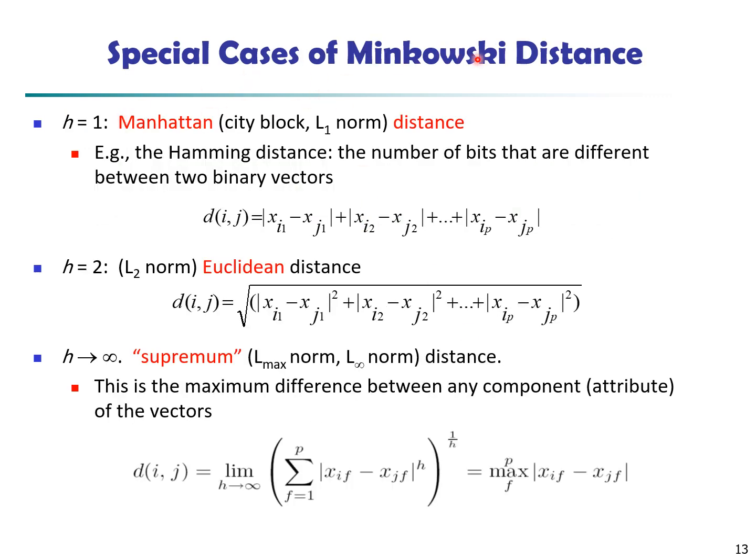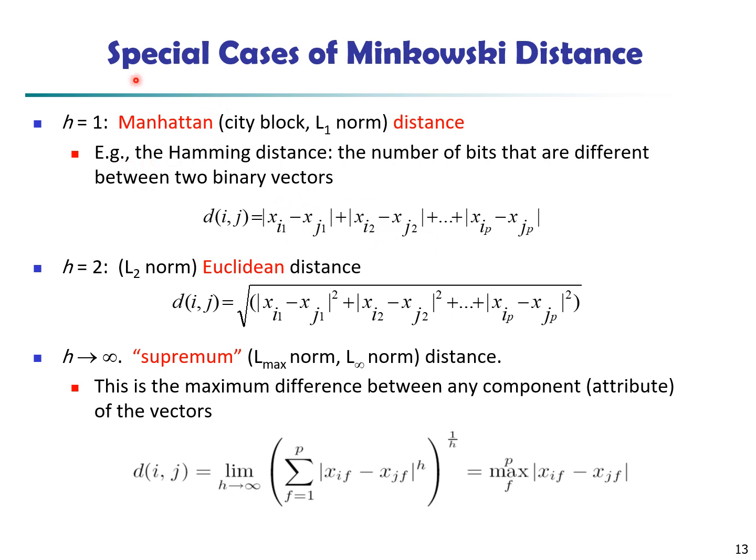Now, as I said, the Euclidean distance is a special case of Minkowski distance, where h is equal to 2. So the dissimilarity between i and j is the square root of the sum of the squared differences, and this is the Euclidean distance. If h was 1, we don't have a square root, and we simply add the differences together.